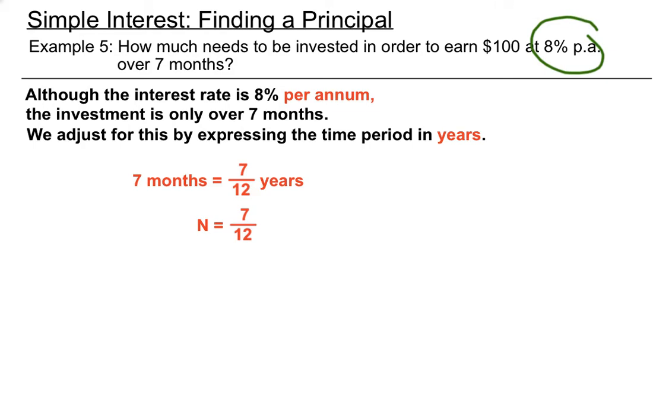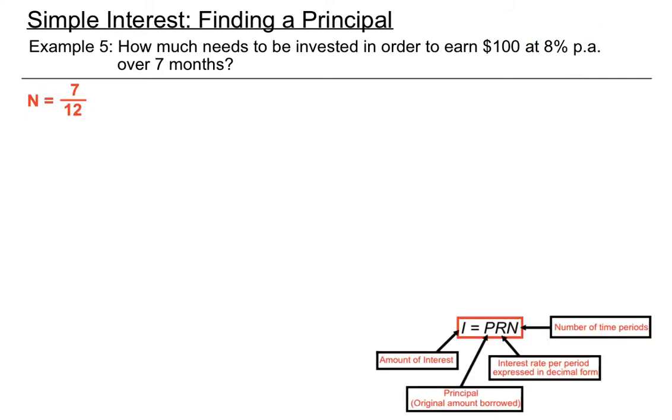We're going to remember that our n value, I'll transfer this to the next screen, our n value in this case is 7/12 because we didn't want to leave it as 7 months, so we wanted it to match up to the per annum or per year interest rate. So let's just transfer that over to start our calculations, but we're going to be using n for our number of time periods value.